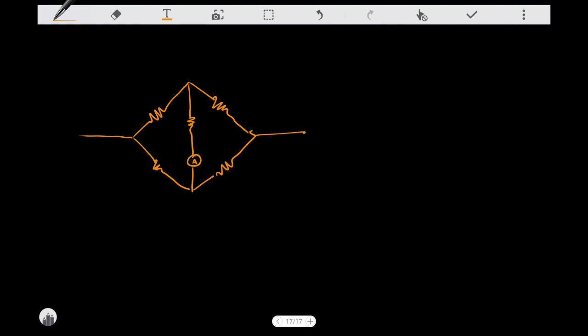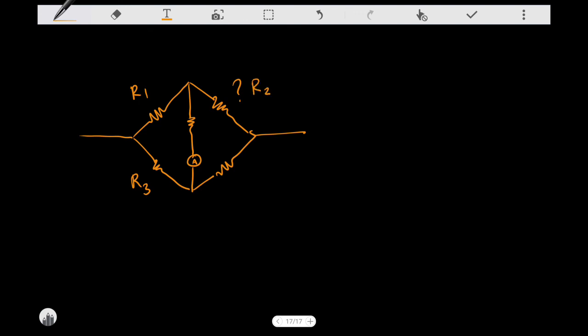Wheatstone bridges can be used for building some ohm meters. So we have a situation like that. Let me draw the picture again. Okay, so we have, let me use an ampere meter in here. All right, so we have R1 and R3 are, let's say, known resistances. I have an unknown resistance in here.